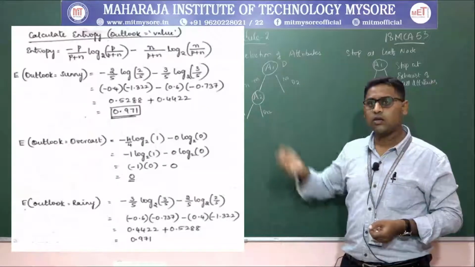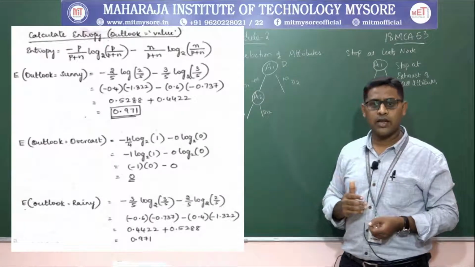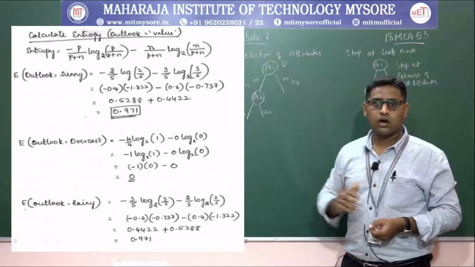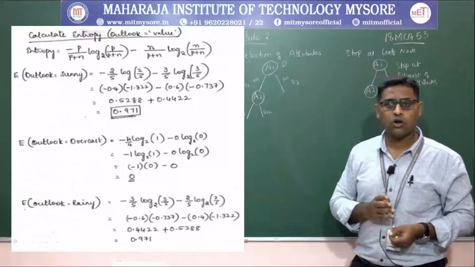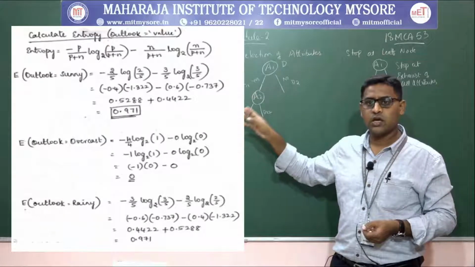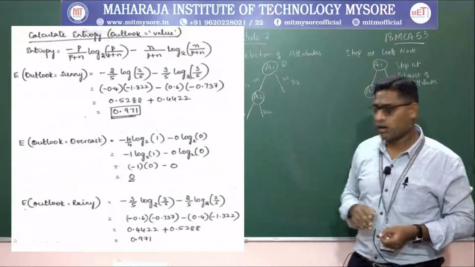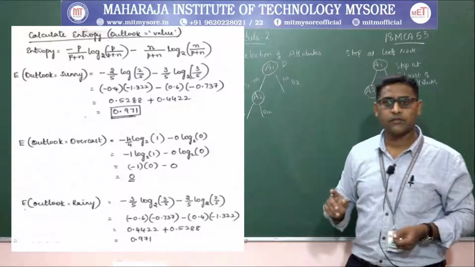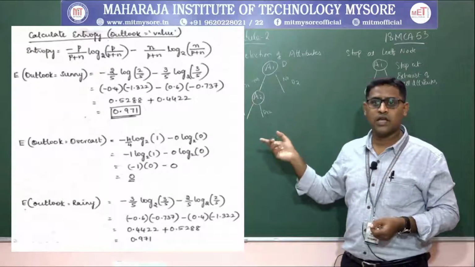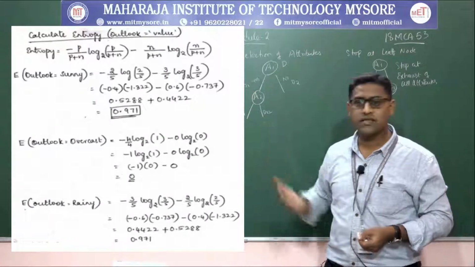Now similarly, in the table you have outlook overcast and outlook rainy. For overcast, all the values are positive, 4, and there are no negative values, so you only compute the positive term. 4 by 4 plus 0 means 4 by 4 is 1, and the rest is substituted as 0.